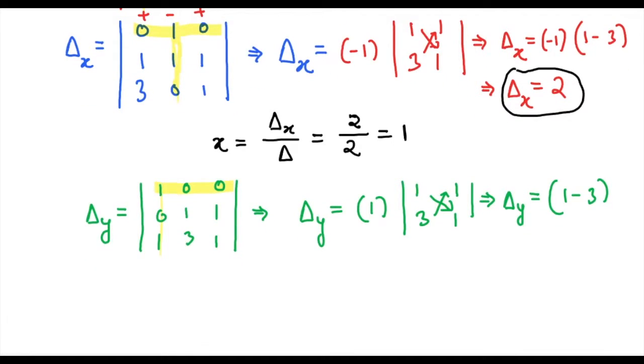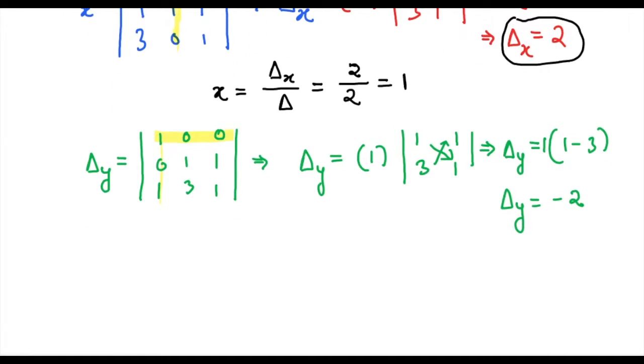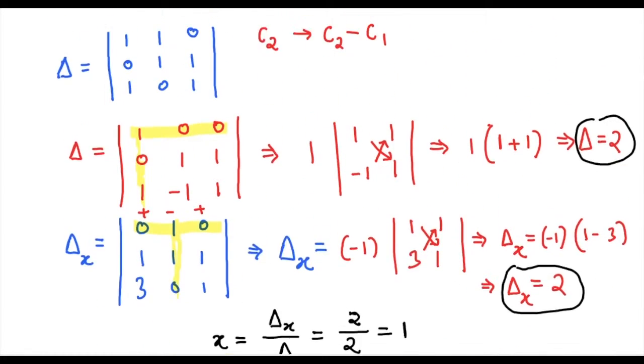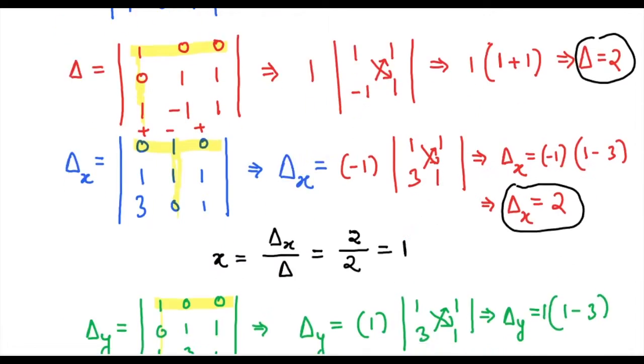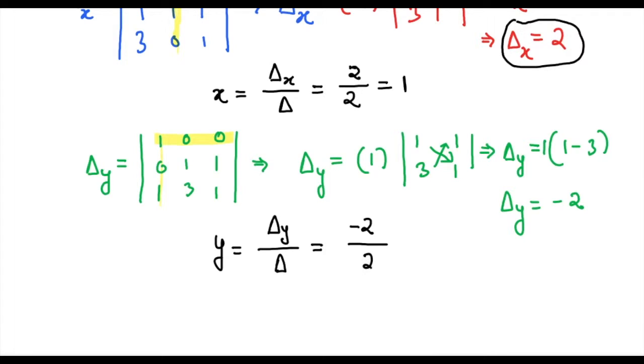So del y is minus 2. Got it? Outside is 1. Now the value of y will be del y upon del. Del y is minus 2 upon del, which is 2. So the value of y is minus 1.